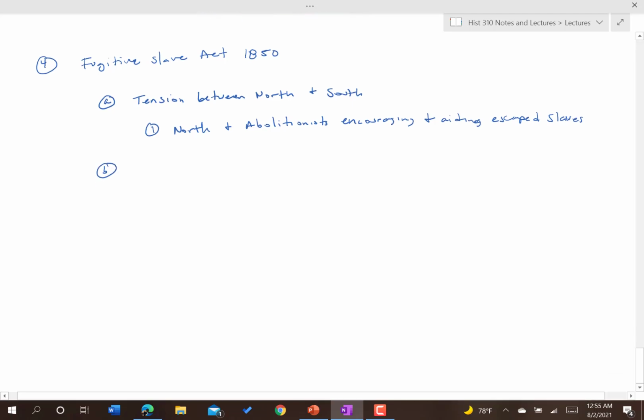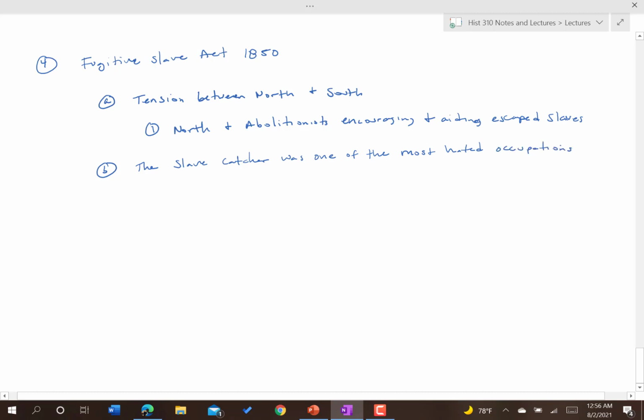All of that. The other thing, even before the Fugitive Slave Act, was, of course, that the slave catcher was one of the most hated occupations. It wasn't even particularly well liked in the South.